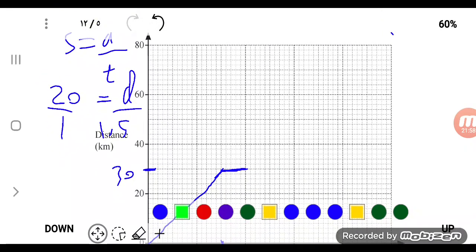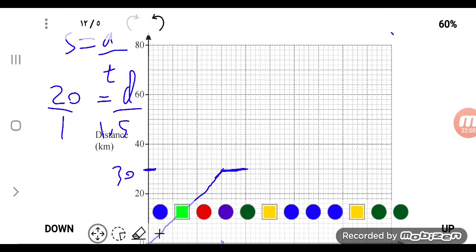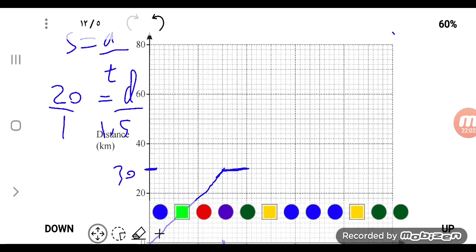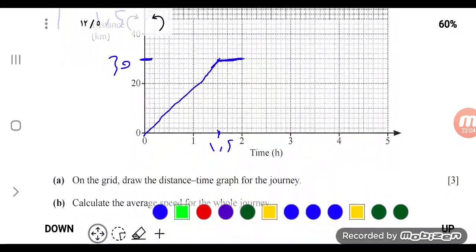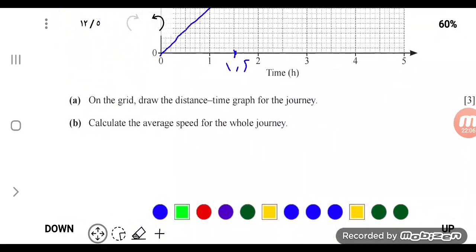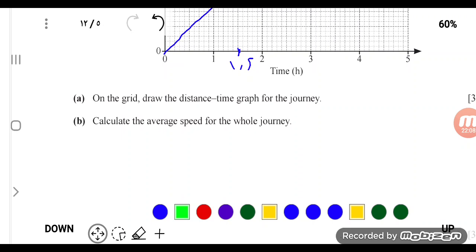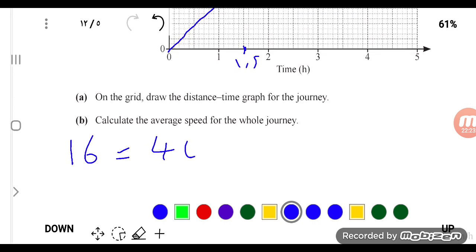The distance now she has to complete is from 30 to 70, which means this is 40 kilometers. So now we have almost the same thing. Speed equal distance over time. Speed is 16, equal distance is 40. Time we don't have it.